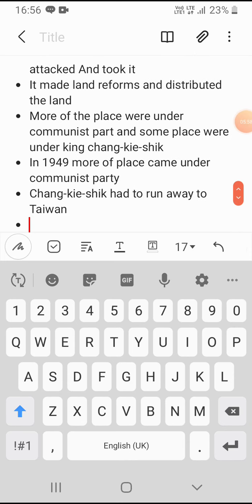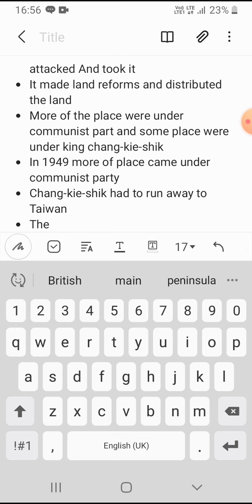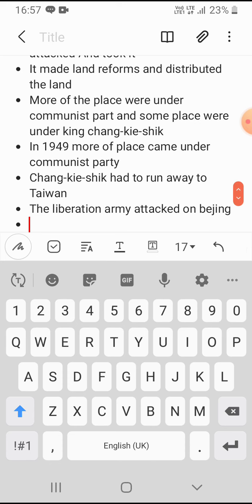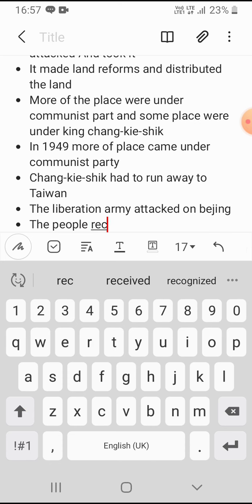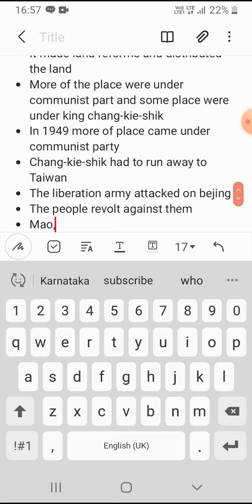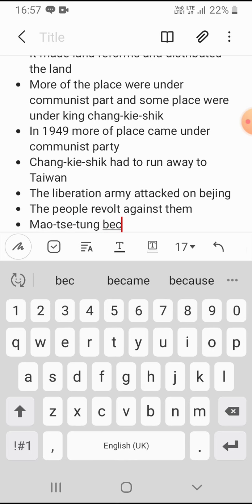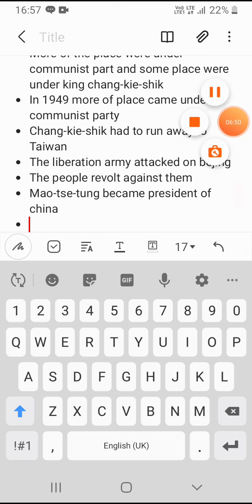After this, the Liberation Army attacked Beijing, and the people revolted, and Mao Zedong became president of China after China got freedom through the revolt by the people.